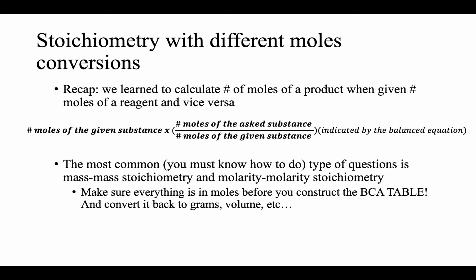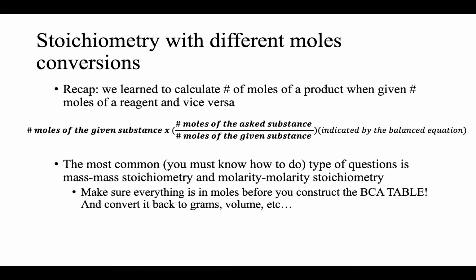In the last video, I also mentioned that the most common types of questions you are going to work on are mass-mass stoichiometry and molarity-molarity stoichiometry questions. This may sound very complicated, but it is really not, because all you need to do is make sure everything is in moles first.